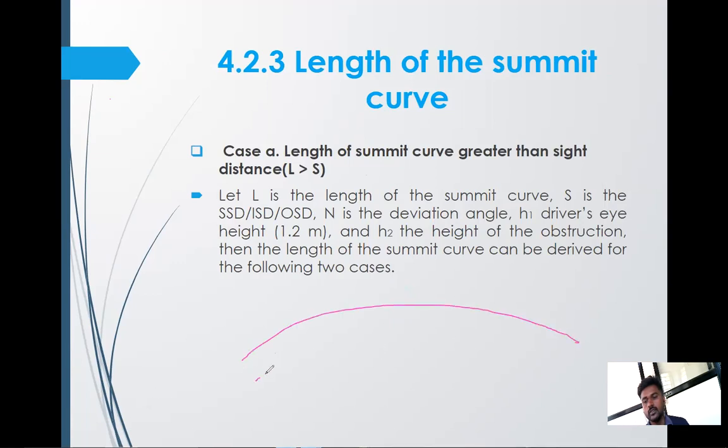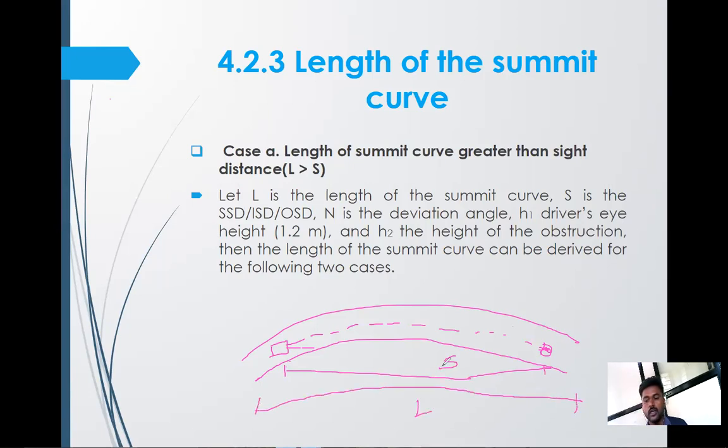This is the curve length, and this much is the sight distance, and this much is the length of the curve. In this condition, the length of the curve is greater than the sight distance.